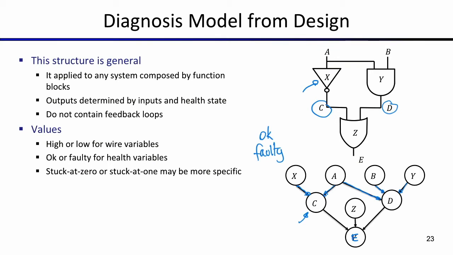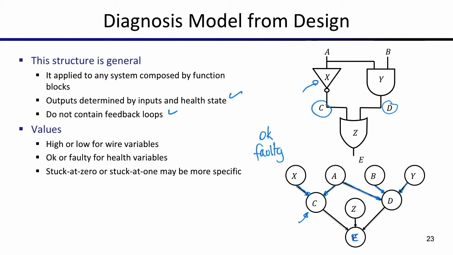So this is interesting because this structure is general. Basically, we can apply the same idea to other systems that we are trying to diagnose to check that they are working okay. It will be applicable for systems that have outputs that are determined by inputs and the health state, and do not contain feedback loops, because our Bayesian networks cannot have loops.